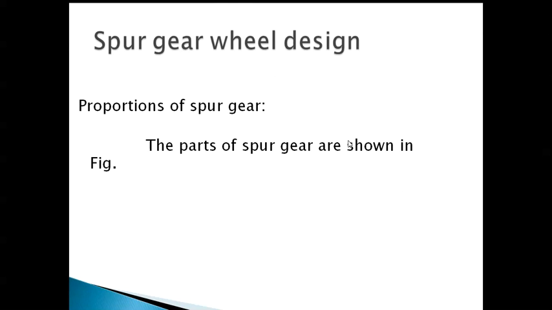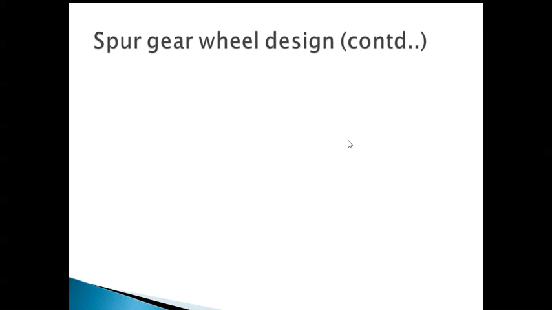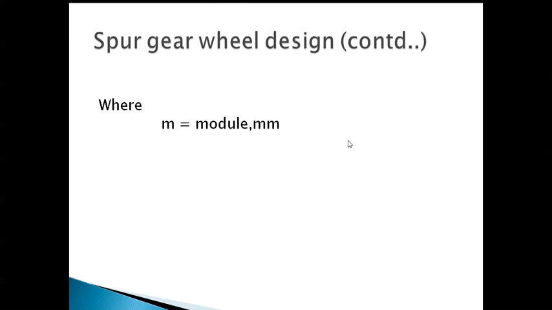Generally a gear is sized by pitch circle diameter. But for the total spur gear wheel design, the thickness of the rim is given by the equation TR equal to m into square root of T by 2n.